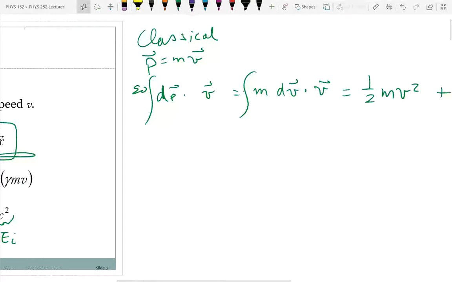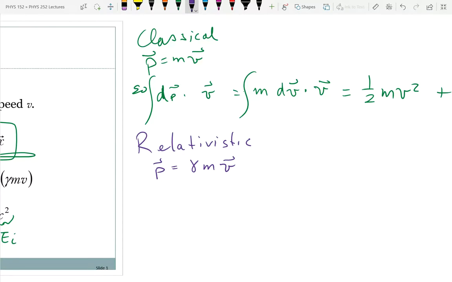Well, I'm doing this relativistically. So momentum is equal to gamma mv. So the integral of dp dot v is the integral of d(gamma mv) dot v.